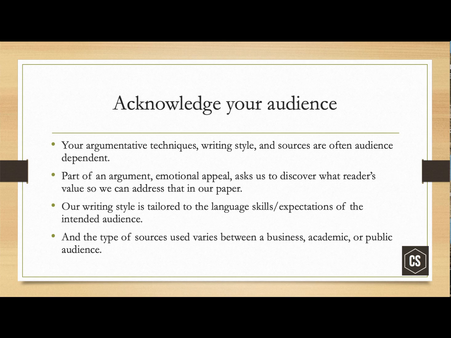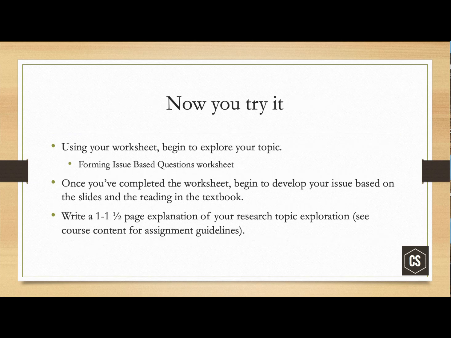Your writing style is tailored to the language skills or expectations of the intended audience. That's why this is a formal academic paper. So I don't want, hey, this is what I'm talking about today, or hey, have you ever thought about this? This is not an informal paper. And the type of sources used varies between types of audience. So this obviously has to be academic and scholarly because that is the audience.